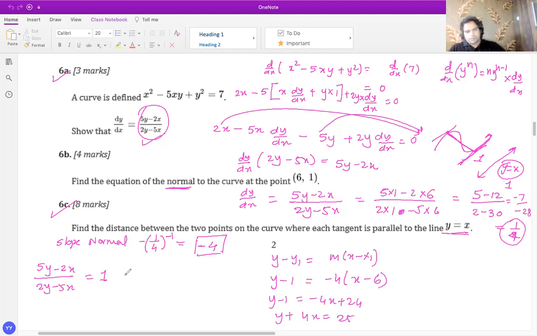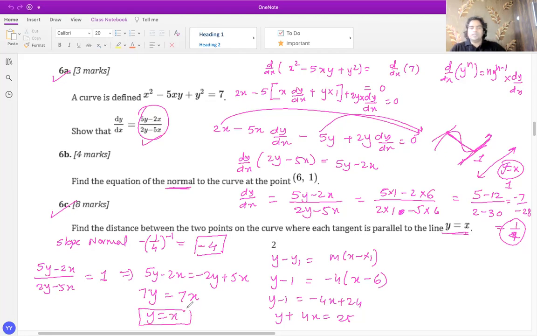So by doing this, we get 5y minus 2x equals 2y minus 5x. And if you collect the y terms together, that gives me 7y equals 7x, so y equals x.